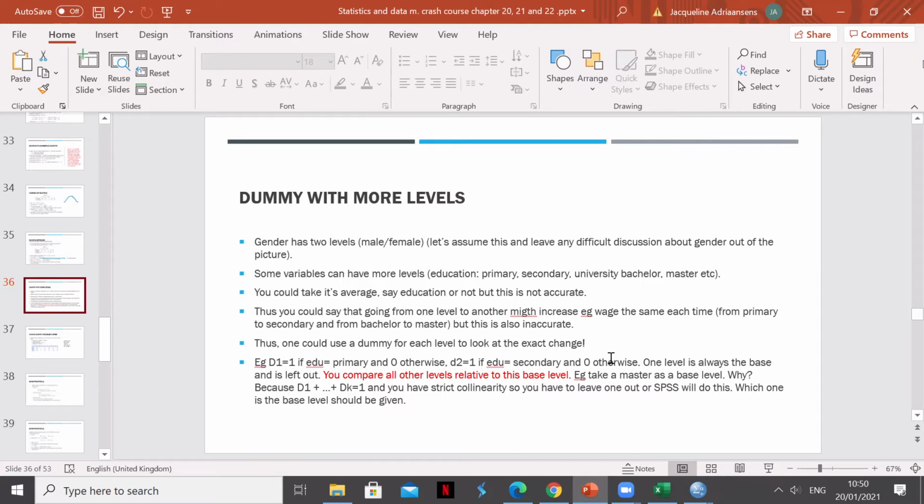You could say education is like they have education or they don't. So that could be a dummy variable with 2 levels. But of course, this is not accurate because what does education mean? Is education primary? Is it secondary? Is it like a mix? Is it only a few university, but then you include many, exclude many people? So that's difficult.